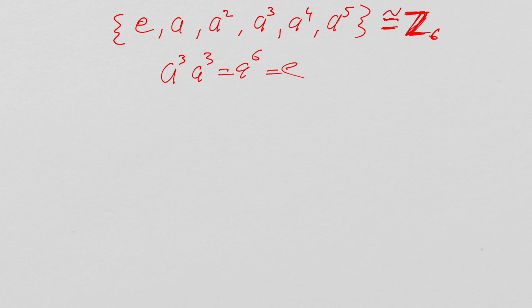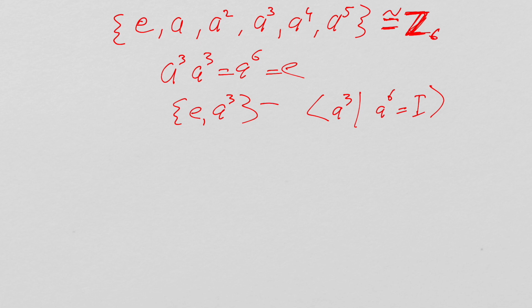So there's definitely a subgroup that is E and A to the 3rd, and it is also cyclic because it has one generator, right? You could write this as A to the 3rd, such that A to the 6th equals I. So it is a cyclic group of order 2, and you would say this is isomorphic to Z2.